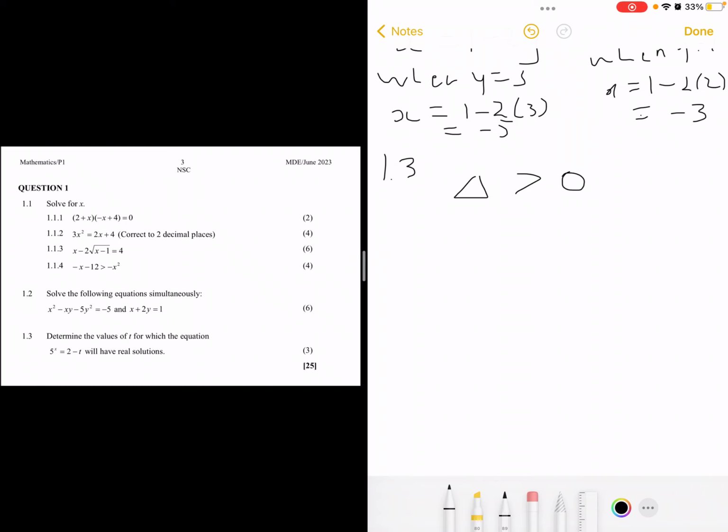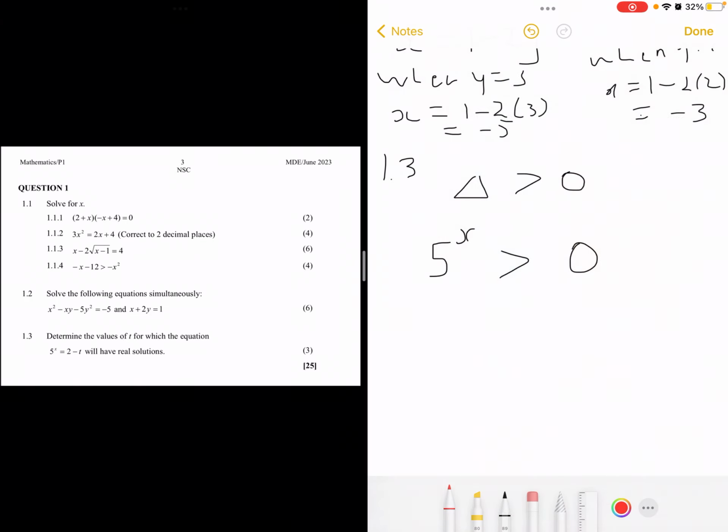Now, this means it's either 5 to the power of x that is having real solutions and is greater than 0 as our discriminant. Why? This equation can already be taken to a quadratic equation. If you square both sides here, let me just show you.